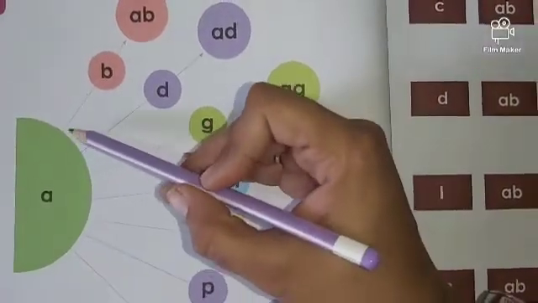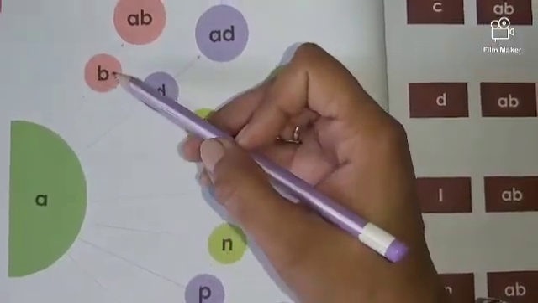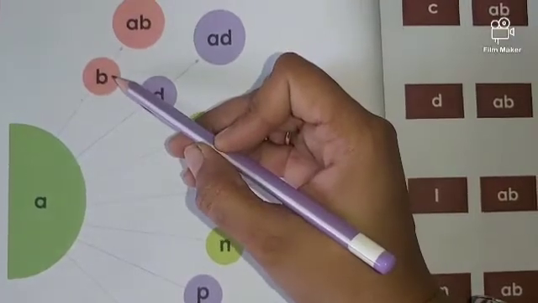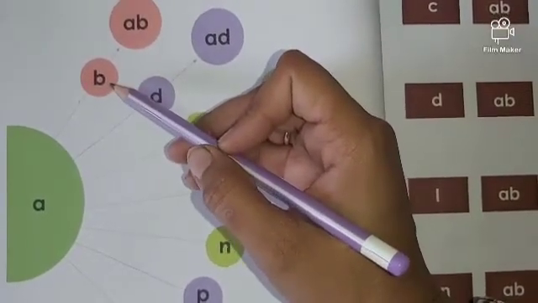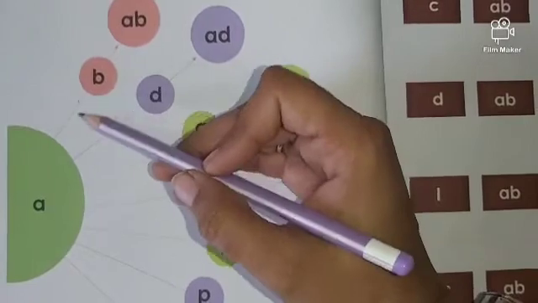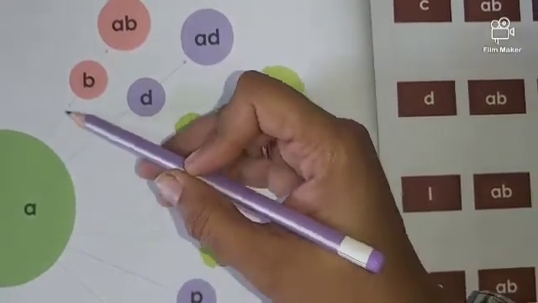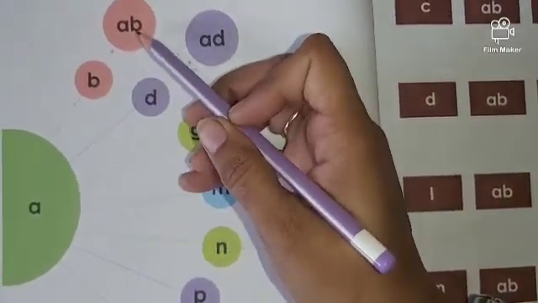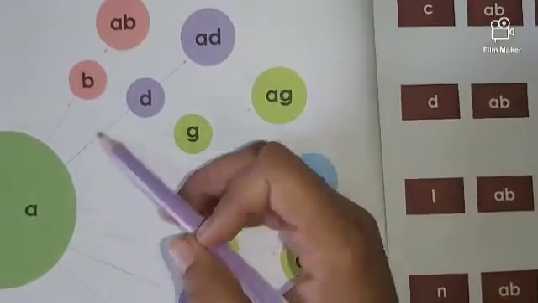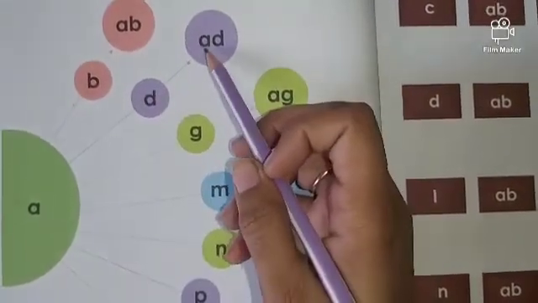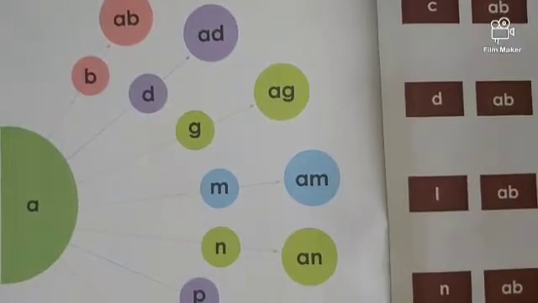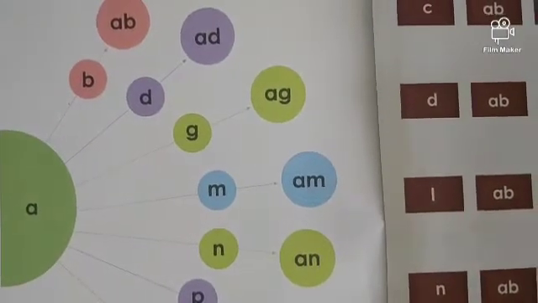And then you see an arrow which goes to consonant B. Right? B is a consonant. So, what is this? A and then B and then it's AB. Then it's A, D and then AD. Don't worry. I'll explain it to you how we're going to do it.